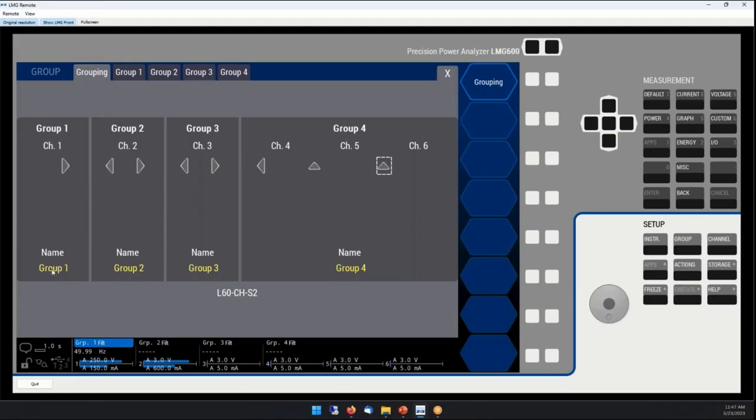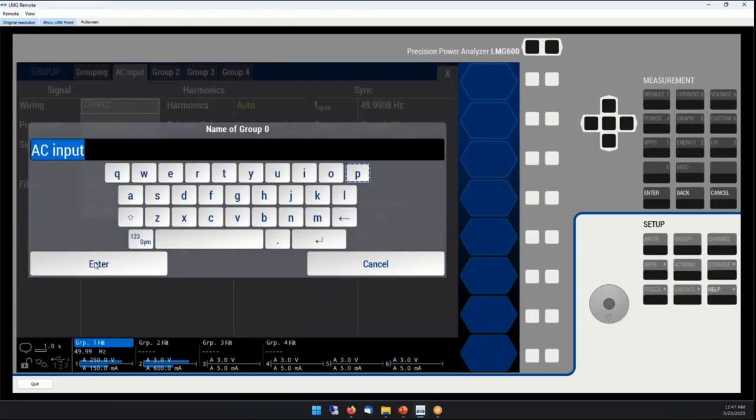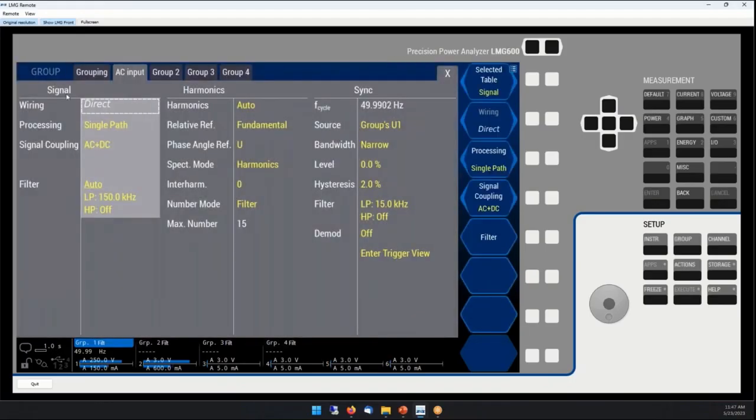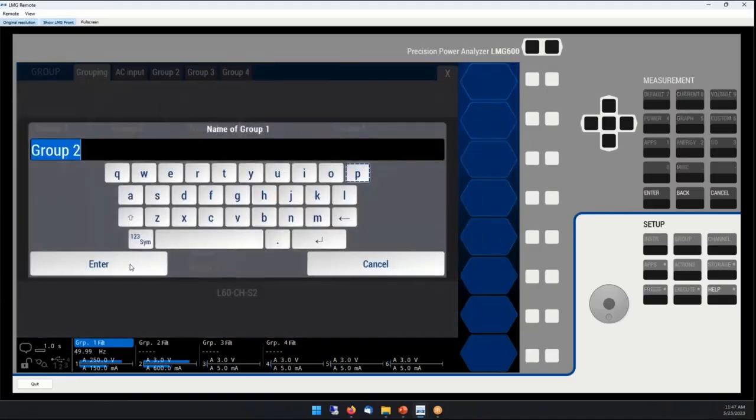So channel 1 will represent my AC input, and group 2 will represent the DC output.